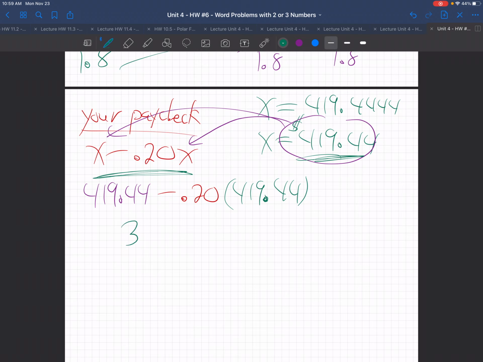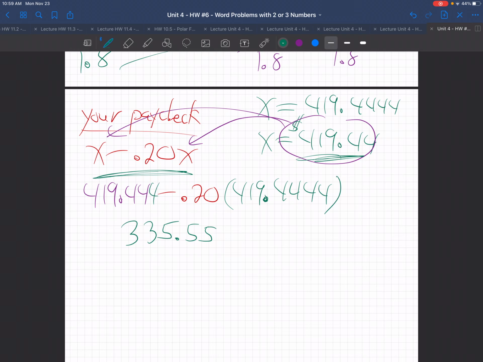I'm getting 355 and then a bunch of fives. Let me see. I'm getting 335.55, 335. And really, you know what? I just realized this is a little tricky. We're probably going to have to put in a bunch of 4s.